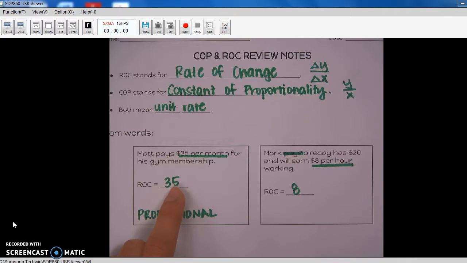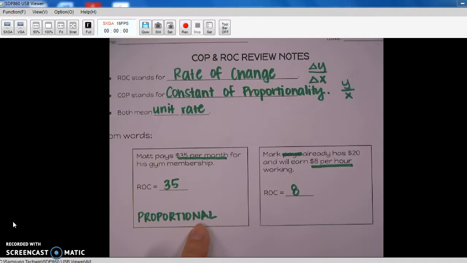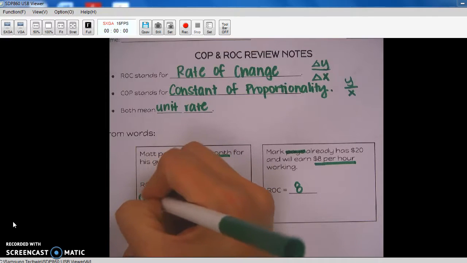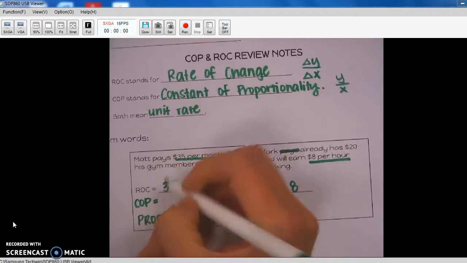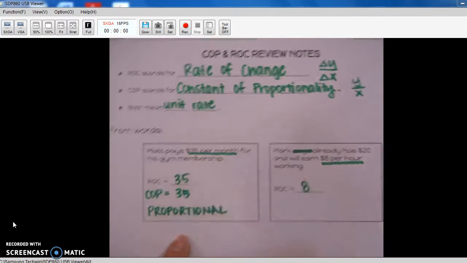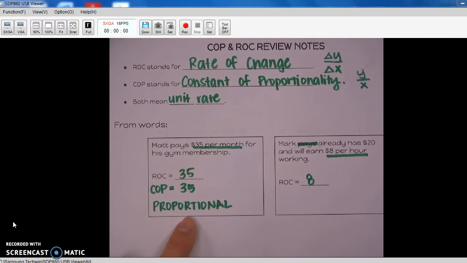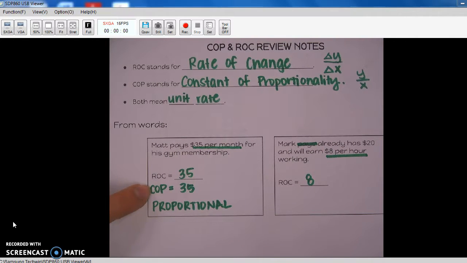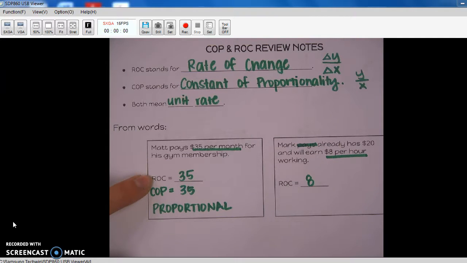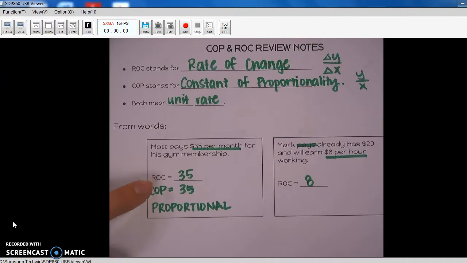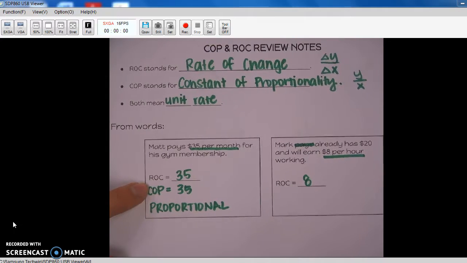So we could also say, since this is a proportional relationship, we do have a constant of proportionality, and that is also 35. So just remember, if it's proportional, your constant of proportionality is going to be the exact same as the rate of change. So if you found the rate of change, you've also found the constant of proportionality.